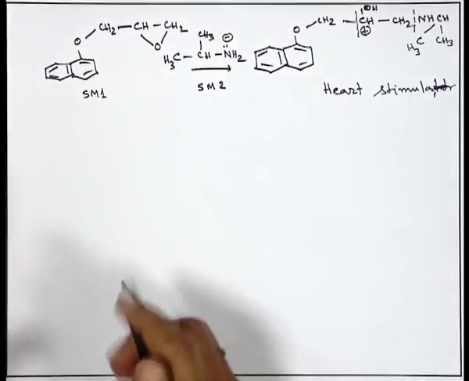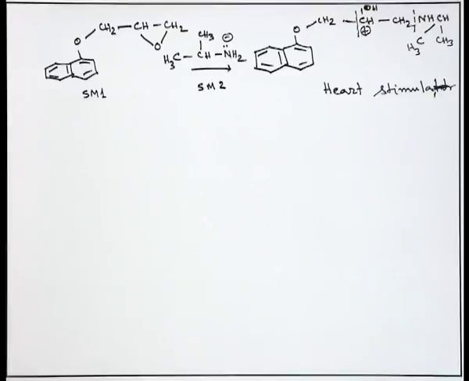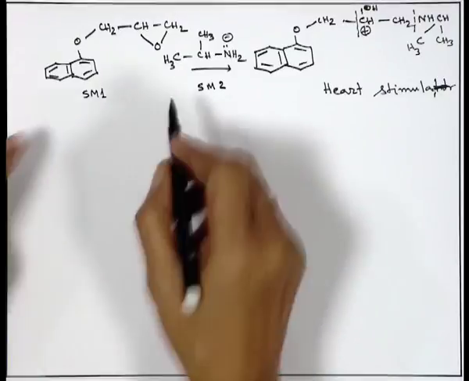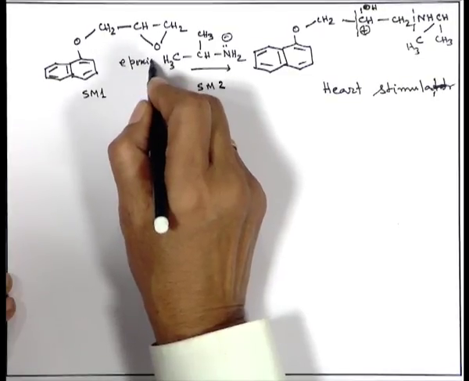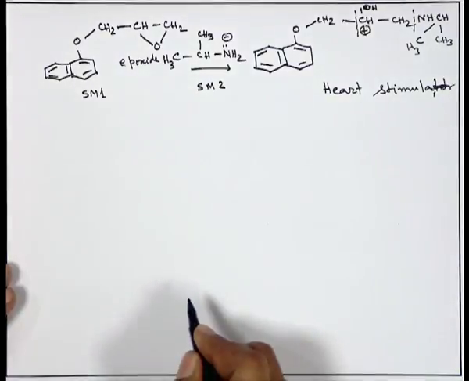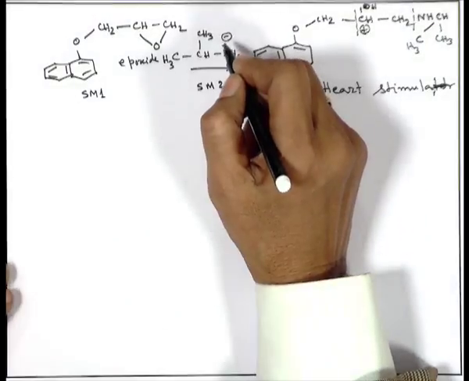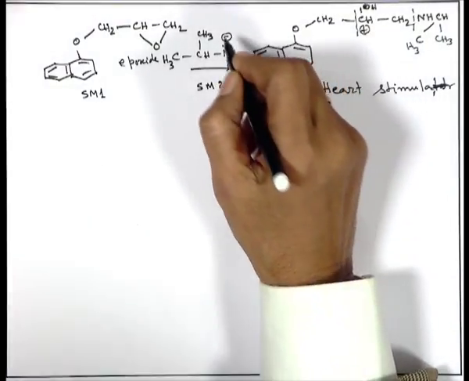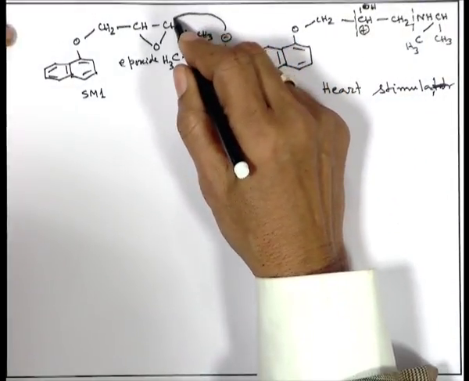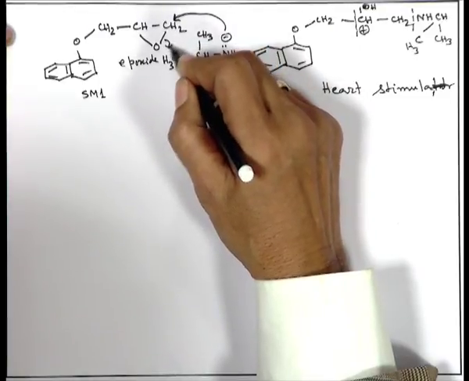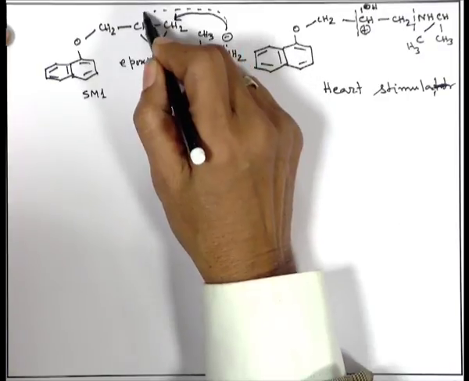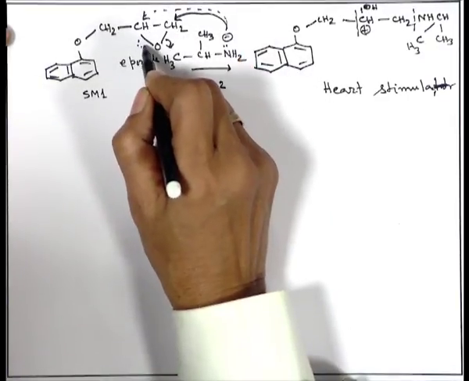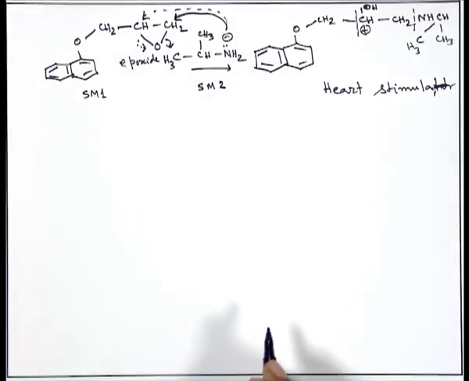If we treat them together, they should undergo exclusively one type of reaction. This type of compound is called ethylene oxide, epoxide. When an epoxide is treated with a nucleophile, where can it attack? It can attack over here and open up this carbon-oxygen bond, or it can do the other way around, attack this carbon and break this carbon-oxygen bond. Which way will it take place?